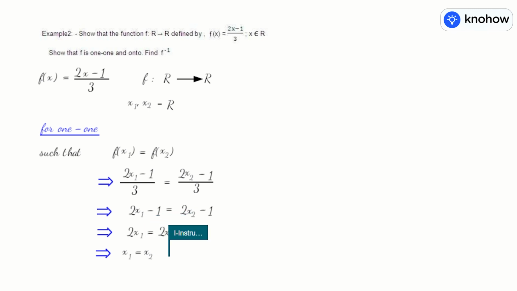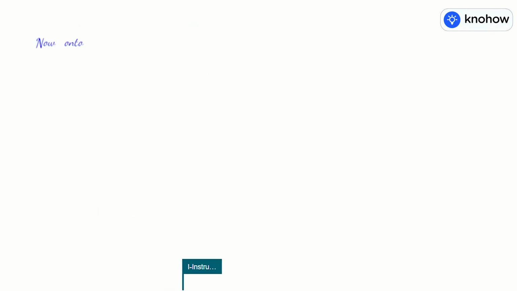So what have we finally proved? That f(x1) equal to f(x2) implies x1 equal to x2. So clearly the given function f is one-one. And now to check that it is onto. How do you check onto?